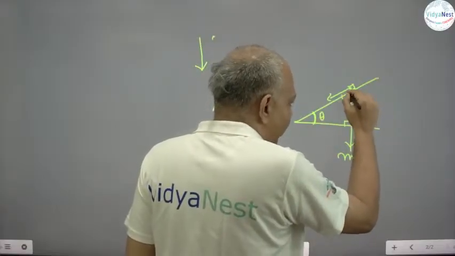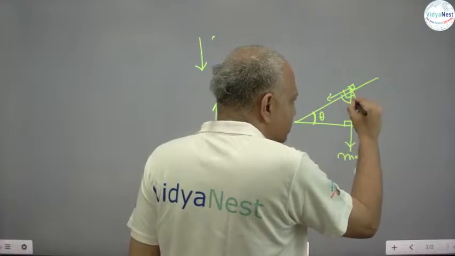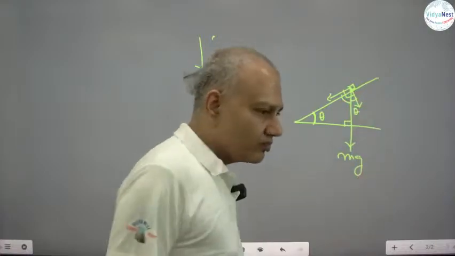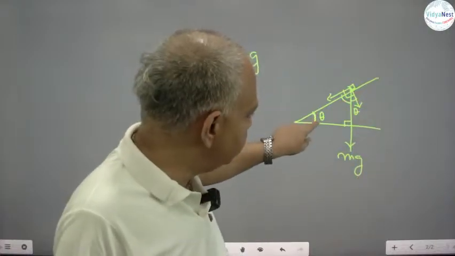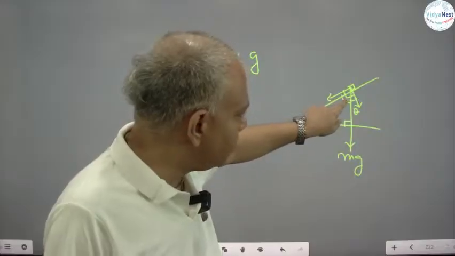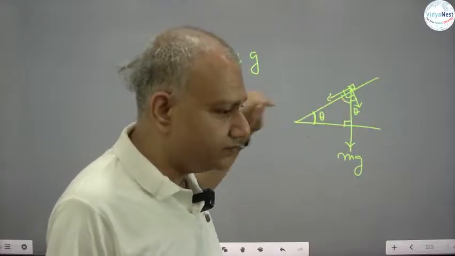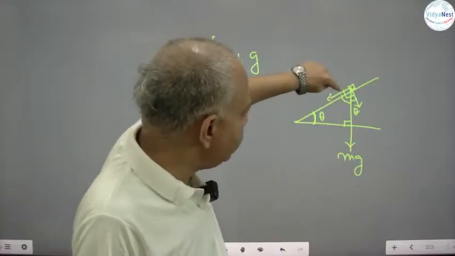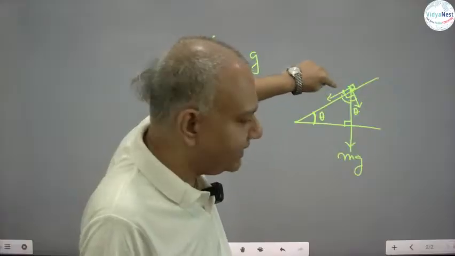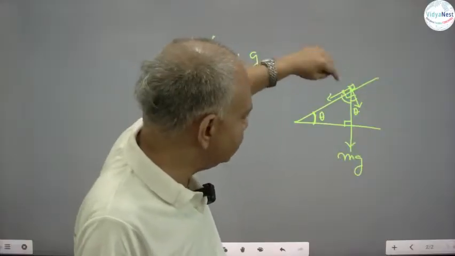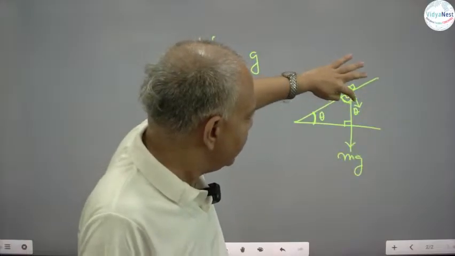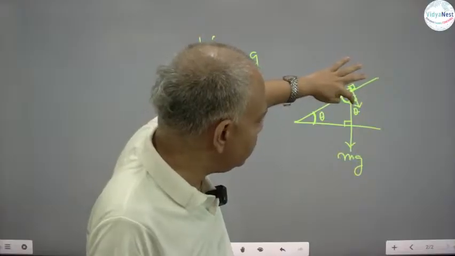Simple geometry. Understanding my point? If the total angle is 90 and this part is 90 minus theta, naturally this will be theta. Is it clear, children?